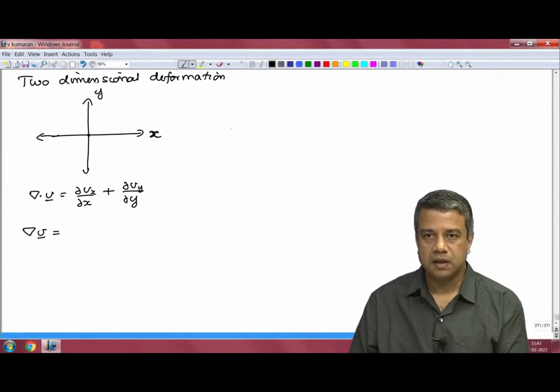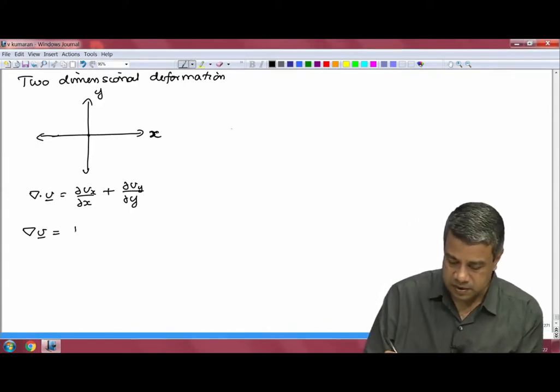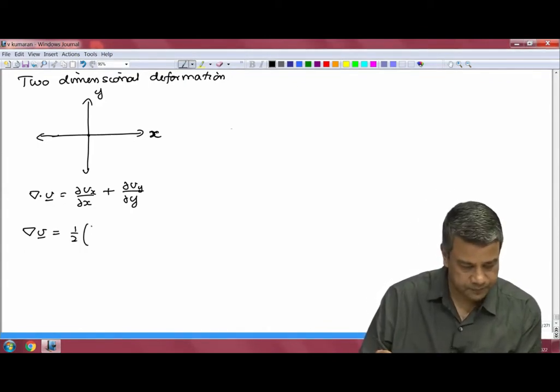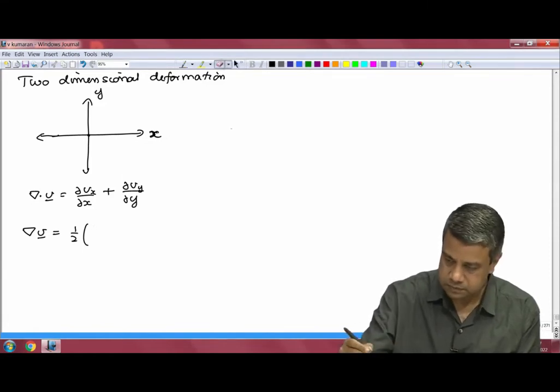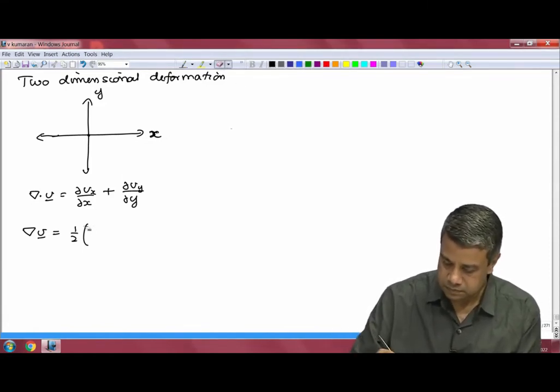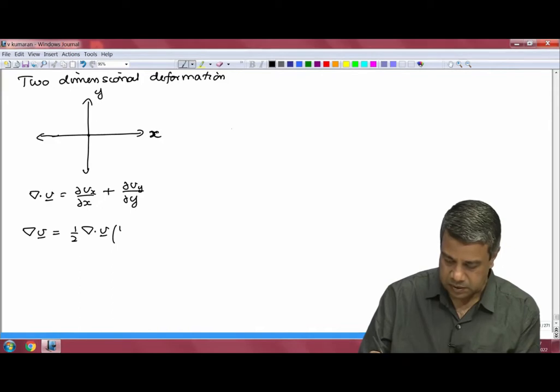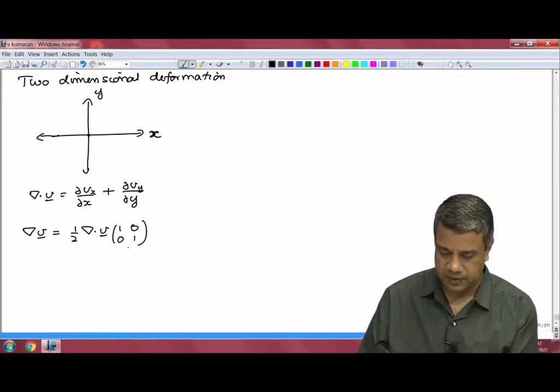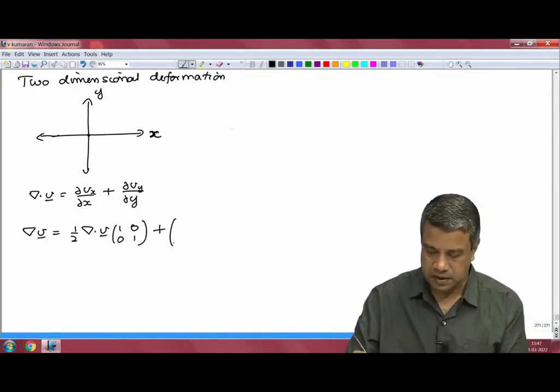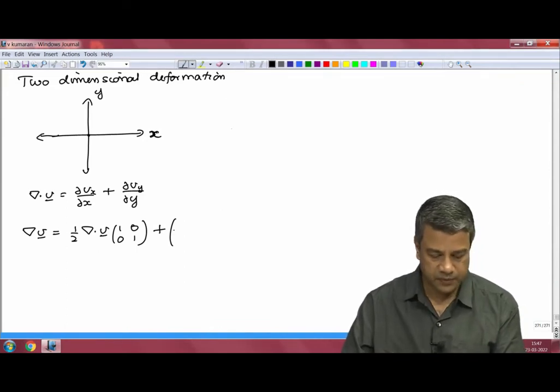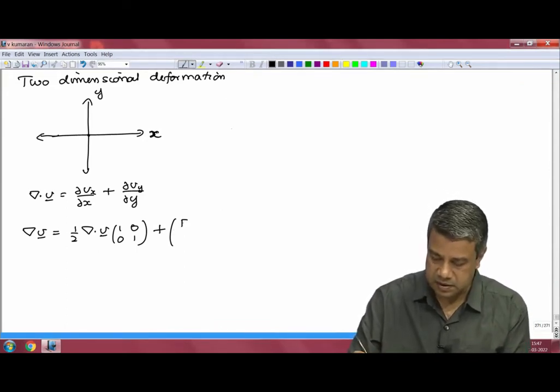The isotropic part in 2 dimensions will just be equal to half of del dot V, into the identity matrix 1 0 0 1, plus a symmetric traceless part. Symmetric traceless, the trace is equal to 0.